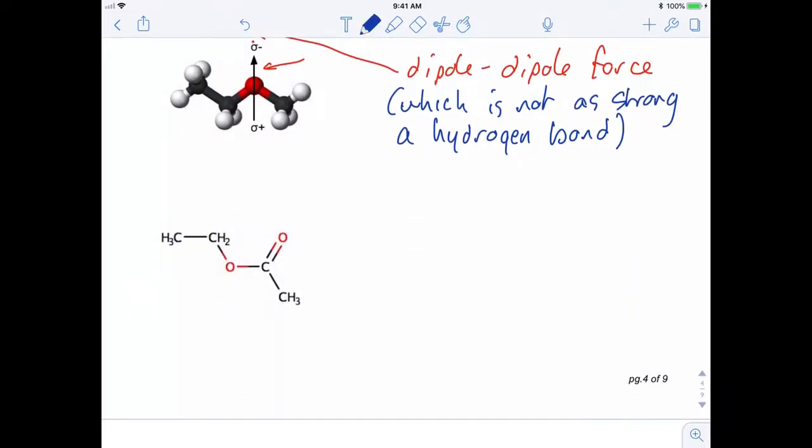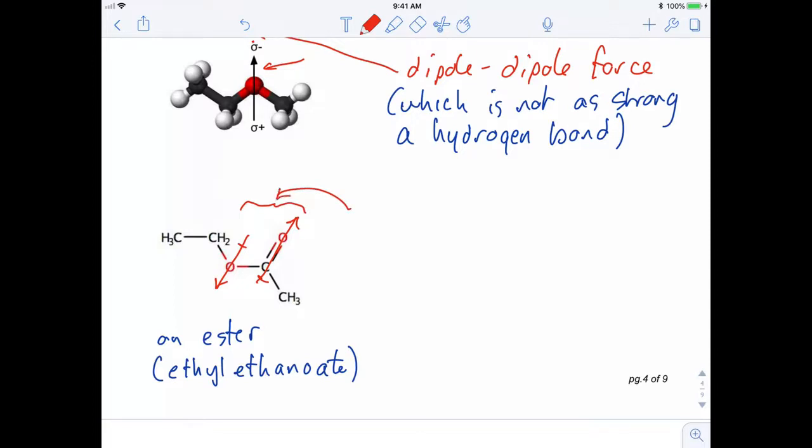Here's another example. So this is an ester. Can you figure out the name of that ester? That's right, ethyl ethanoate. And so if you look at this molecule, it actually has two different dipole moments. The carbon-oxygen-carbon bond is polar because of the arrangement of the oxygen atom around those carbons, and the C double bond O is also a polar bond.